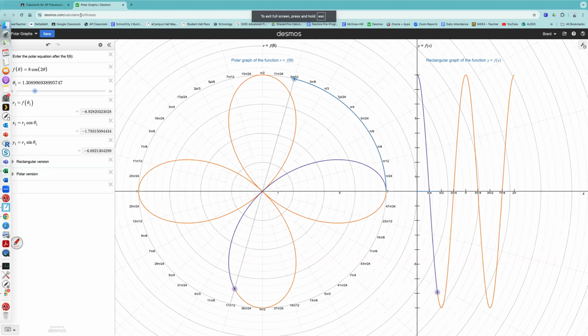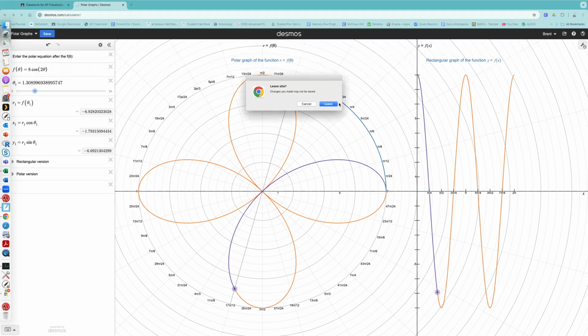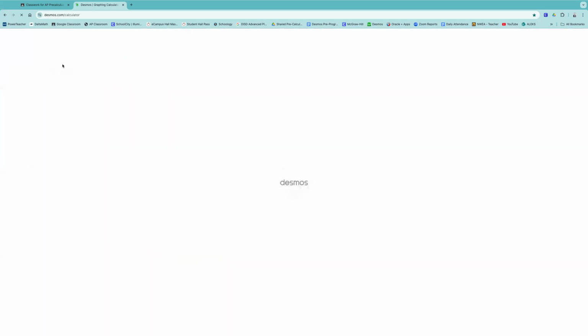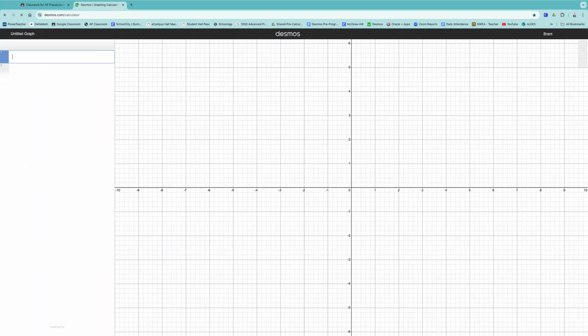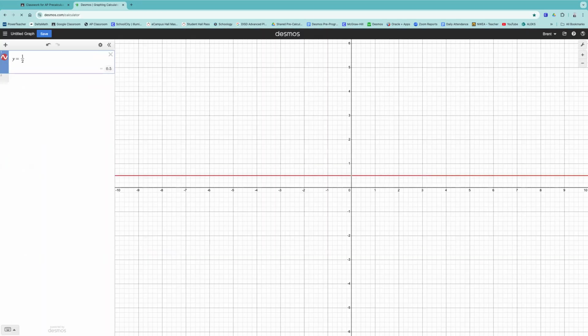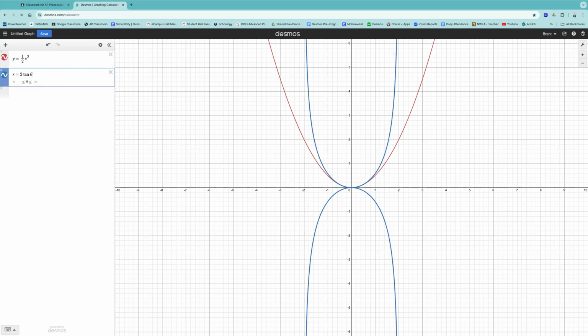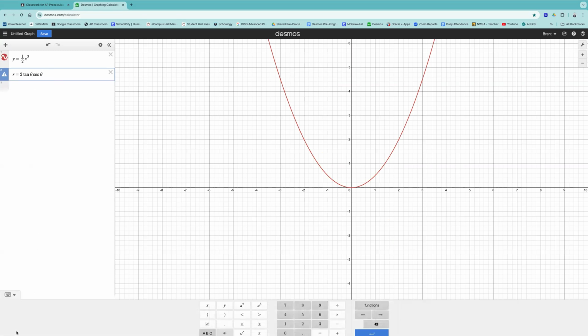Let me just get a brand new graphing calculator and I'll show you. If I looked at the graph, y equals 1/2 x squared, and then I graphed r equals 2 tangent theta secant theta, and I think on Desmos you have to use a multiplication symbol.